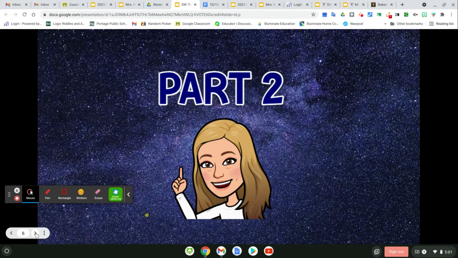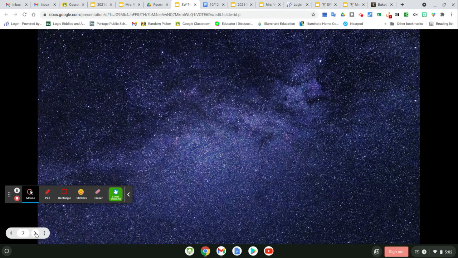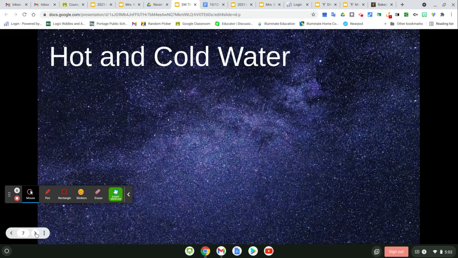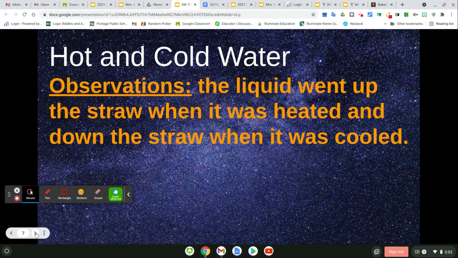All right, part 2. You had to take a look at the chart and go through again all of the investigations that we did. The hot and cold water, this was our observation. We saw that the liquid went up the straw when it was heated. When that flask, that water, that liquid with the green food coloring was heated, we saw that water move up the straw.